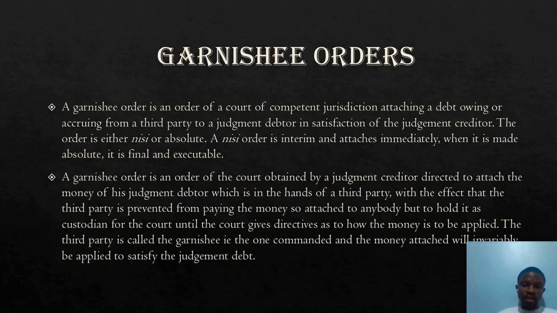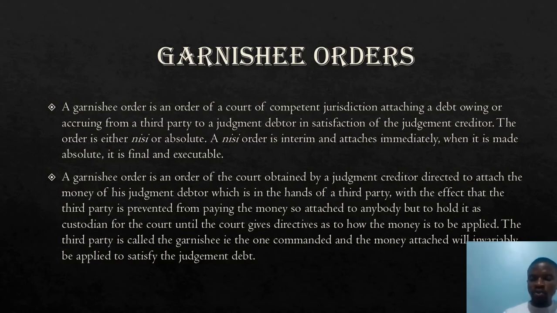The third party is called the Garnishee. That is the one that is commanded, and the money attached will invariably be applied to satisfy the judgment debt. So a Garnishee order is literally a court telling somebody that wants to pay somebody he's owing, do not pay that money until we tell you what to do with that money. This one I've described now is Garnishee order nisi.